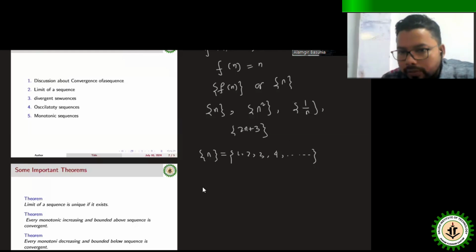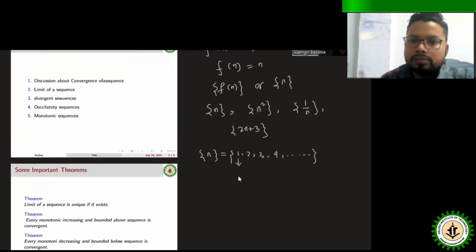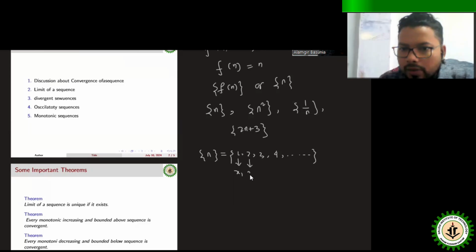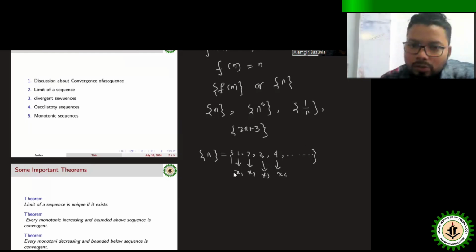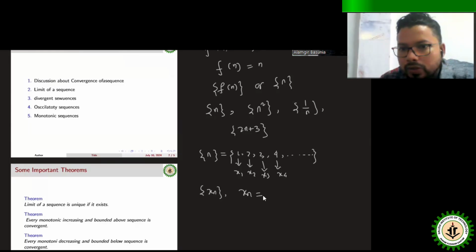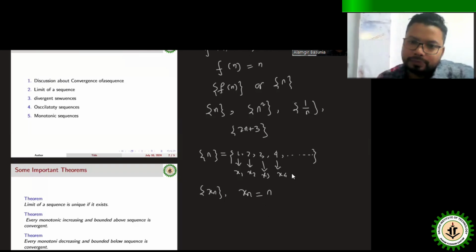We can say this is our x1, this is x2, this is x3, and this is x4, and so on. This sequence we also denote by xn, where xn is equal to n, the nth term of the sequence.